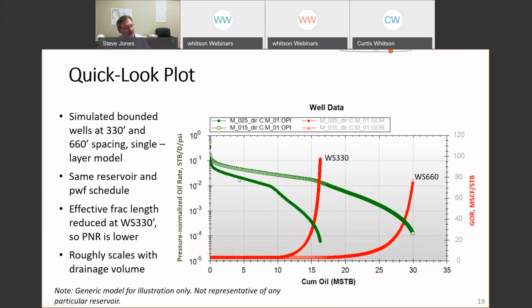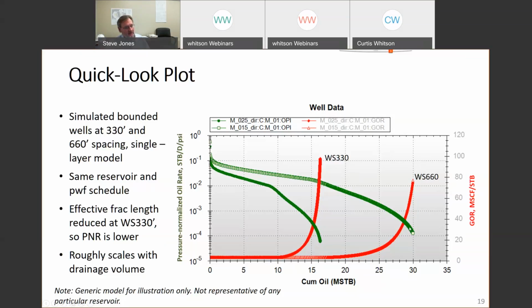So both the productivity and the oil in place are reduced in this 330 case. So the point is that the shape of these curves, the GOR curving up and the pressure normalized rate curving down, will roughly scale with oil in place.